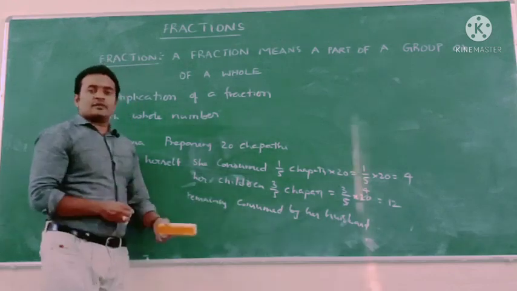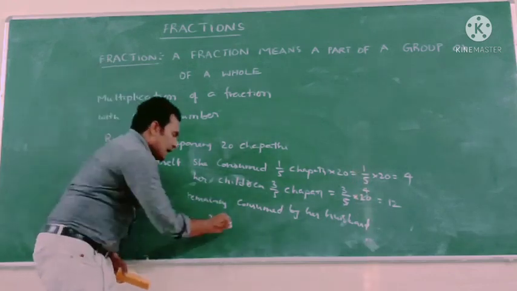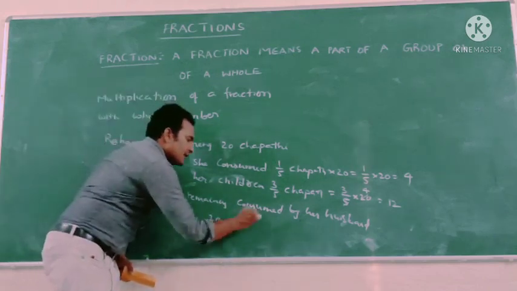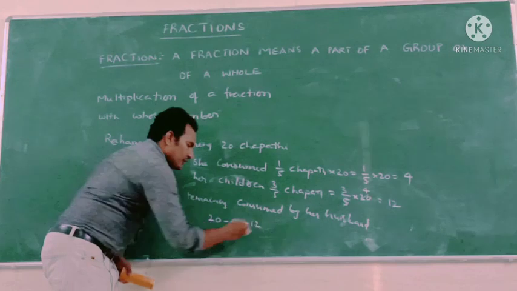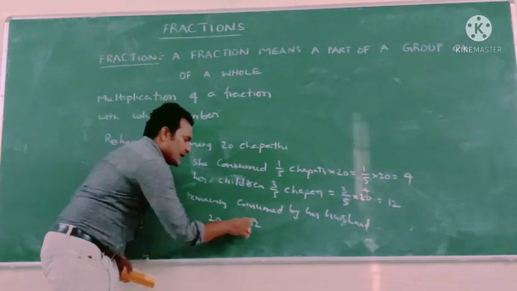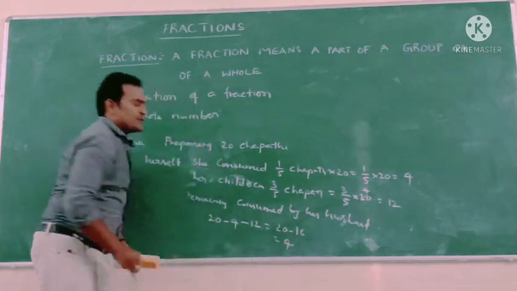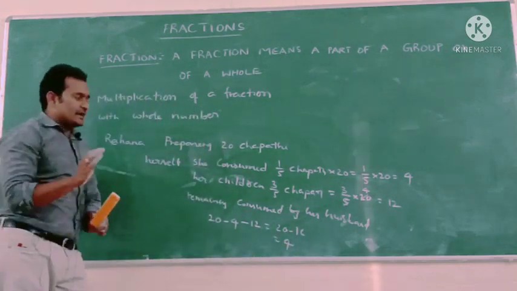Remaining chapatis consumed by her husband: herself she consumed 4 and her children consumed 12, so 20 minus 4 minus 12, 20 minus 16. So 4 chapatis consumed by her husband.